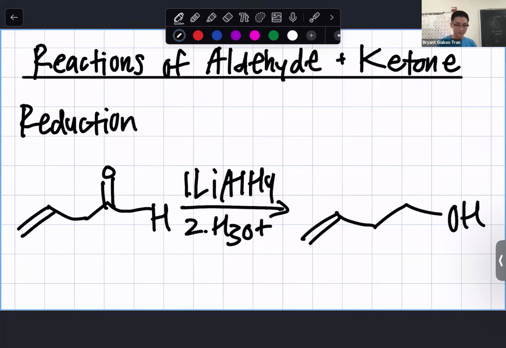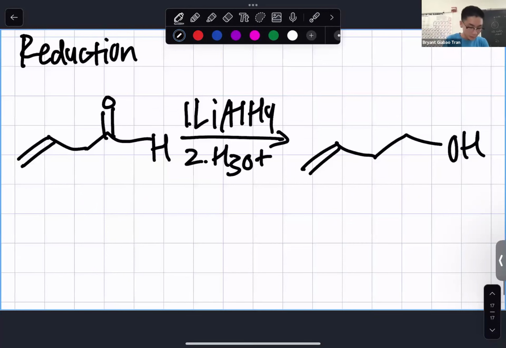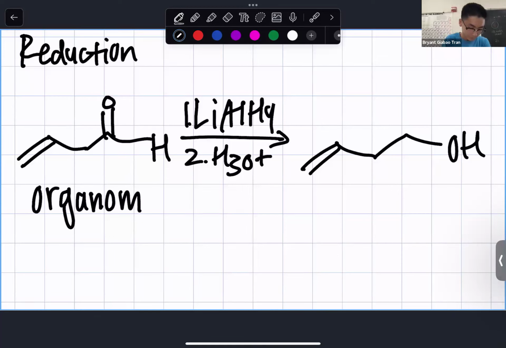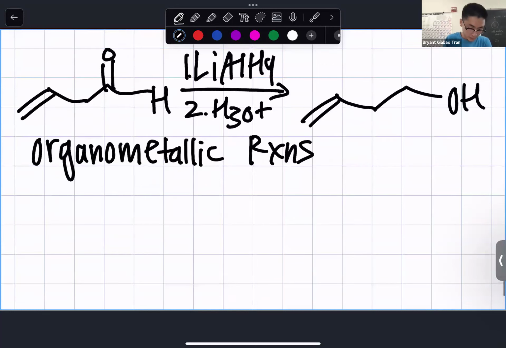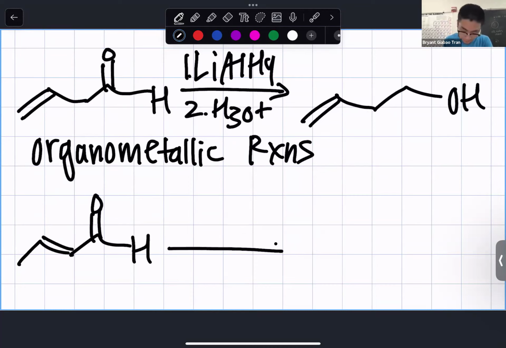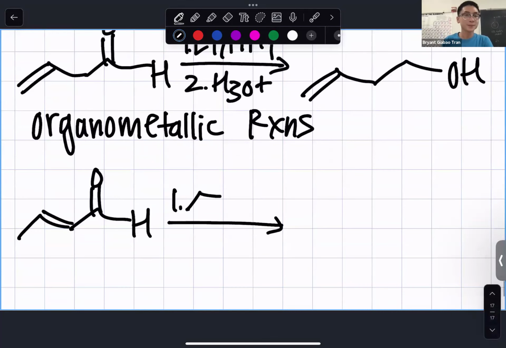We could also do organometallic reactions like Grignard or organolithium. Like let's say we have this structure, and we have this Grignard reagent here.